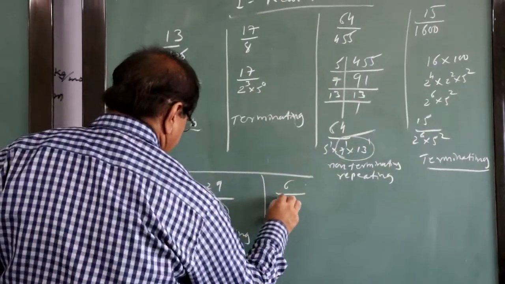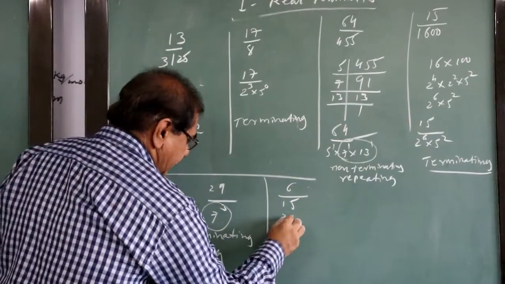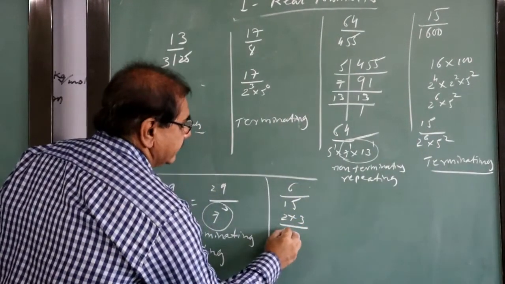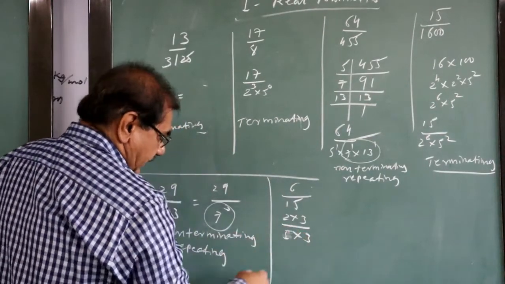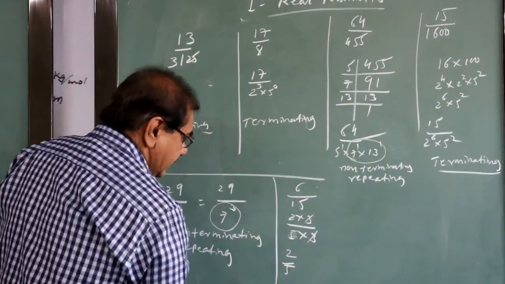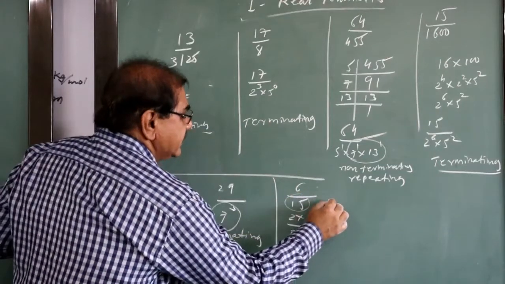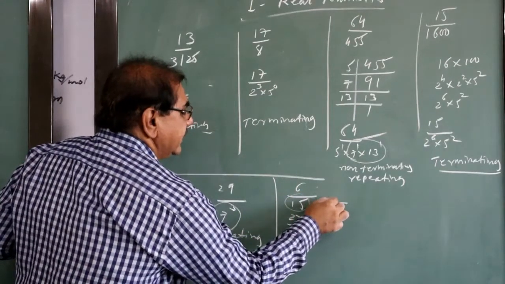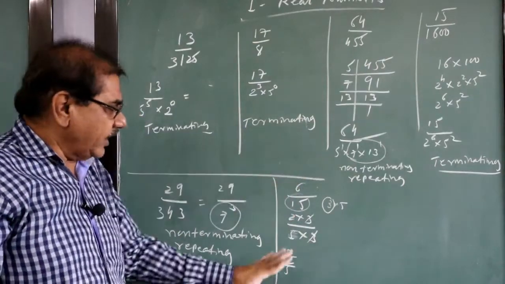Take one more, 6 upon 15. Now 6 means 2 3s are 6, 15 means 3 5s are 15. Here the 3 and 3 cancel, so it is 2 upon 5. Looking at the fraction directly, 15 means 3 5s are 15, and 3 is there other than 2 and 5, so it would be non-terminating.